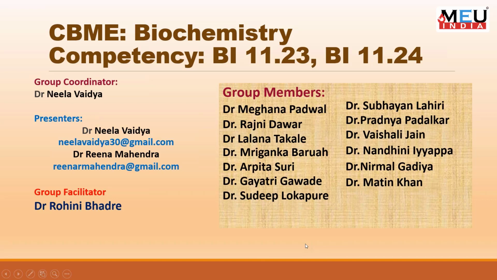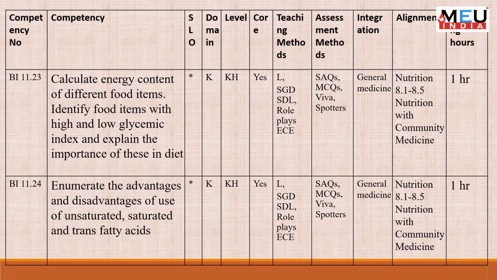So the competency 11.23 and 11.24, both these competencies we can align with the nutrition topic, which was very well presented by Group 8. That was 8.1 to 8.5, that is nutrition. So it is just an extension of that activity.